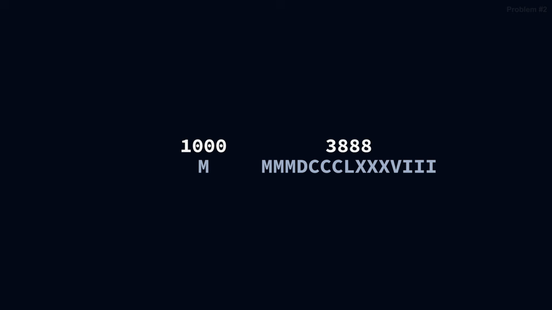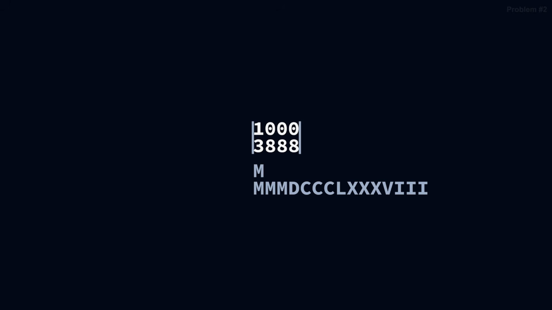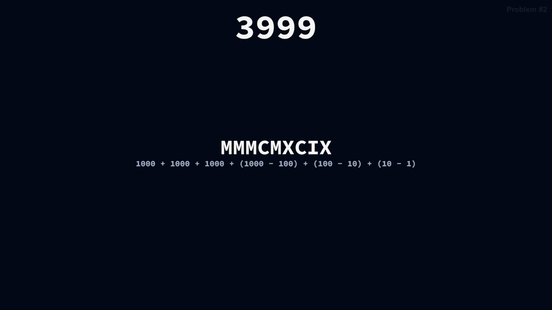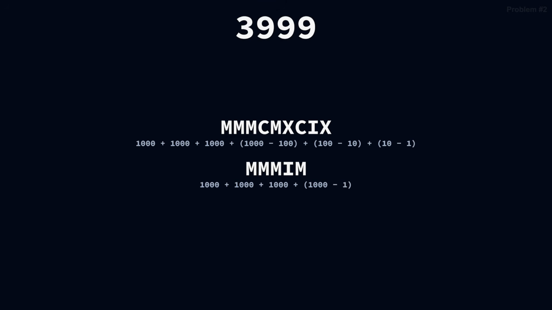In Arabic numerals, those two numbers are the exact same length, but in Roman numerals, one is 15 times longer than the other. Sometimes you can avoid this, like 3999 for example. You could either write MMMCMXCIX, which is the standard way, or you could write MMMIM, which is not standard, but is totally legal, and much shorter.